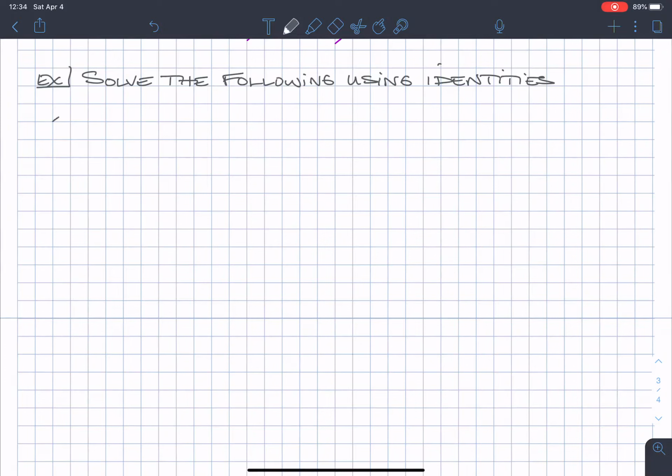Okay, so number one, let's say we have 6 times sine squared theta minus 6 times cosine squared theta is equal to 3 times the square root of 3. So we have 6 sine squared theta minus 6 cosine squared theta is equal to 3 times the square root of 3.